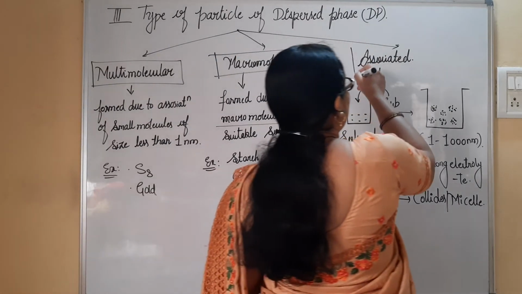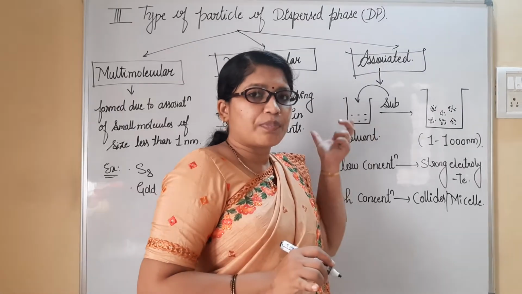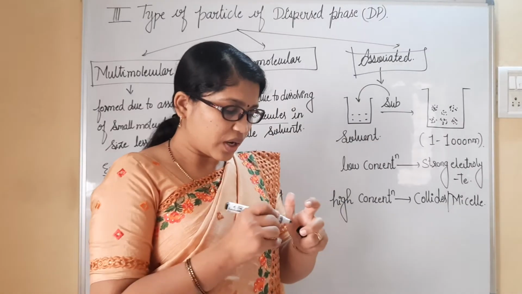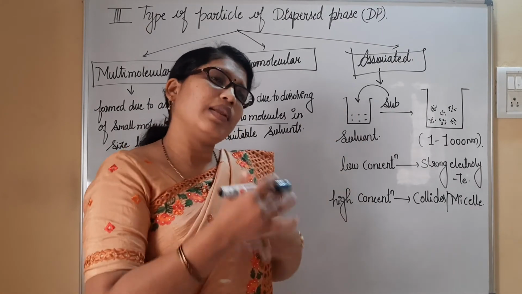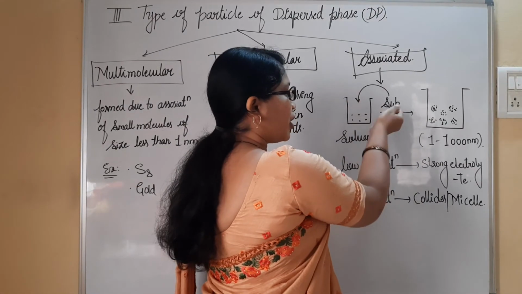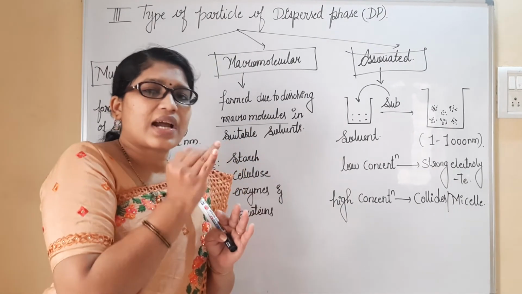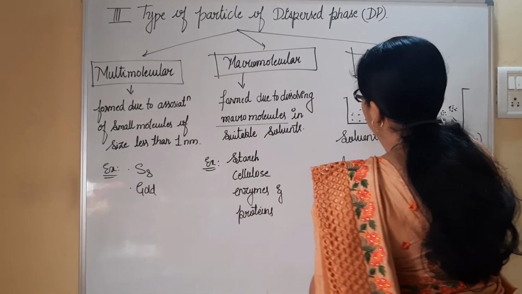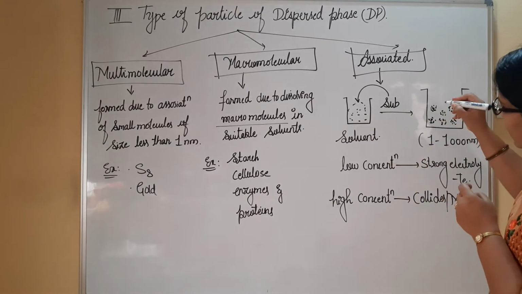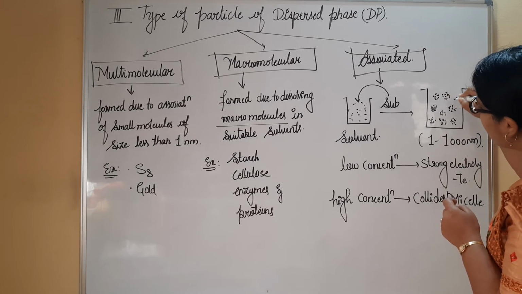Then I have associated colloids. For this I need to explain with an example. I have one solvent added with a particular substance. Then it is said to be a simple solvent. This is a solvent whose molecules are less than the colloidal range size. If you add a particular substance, the molecules which are rotating or existing far away start coming near to each other and they will associate in this fashion.